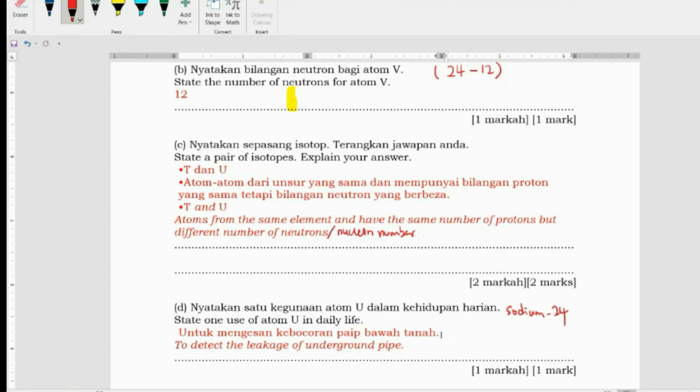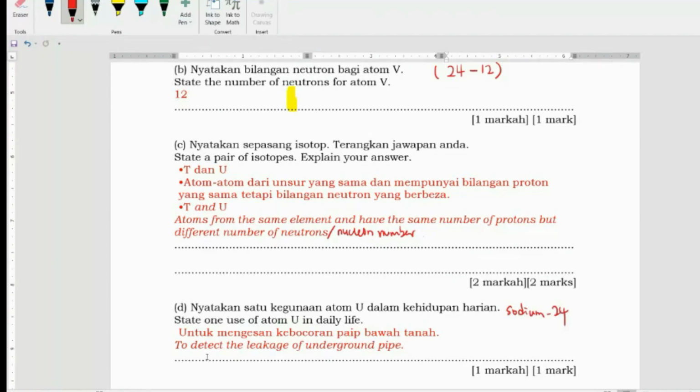Kalaulah dia bukan jenis yang kita boleh nampak dia pancut keluar dulu, susah kita nak cari mana tempat sebenarnya pipe di bawah tanah itu dia bocor. Mungkin kebocoran itu dia bukannya kuat sangat lah, jadi mata memang susah mau lihat mana dia. Tapi kita pakai sodium 24 boleh kita tentukan.